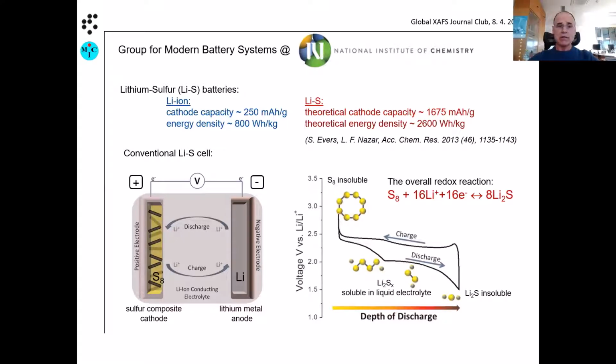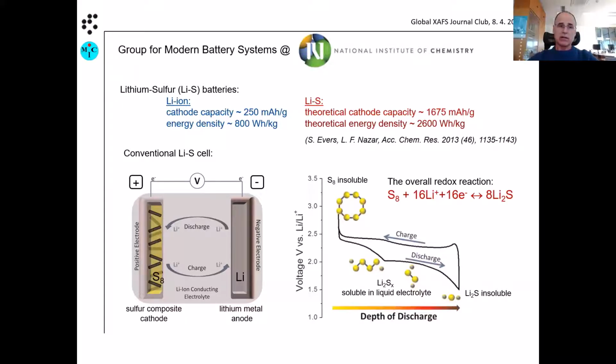Through our contact with them, we have learned that sulfur batteries are very important systems to be studied, and a lot of work is going on in this direction.